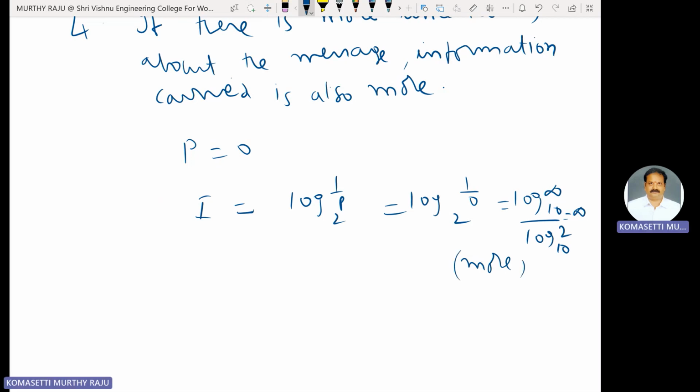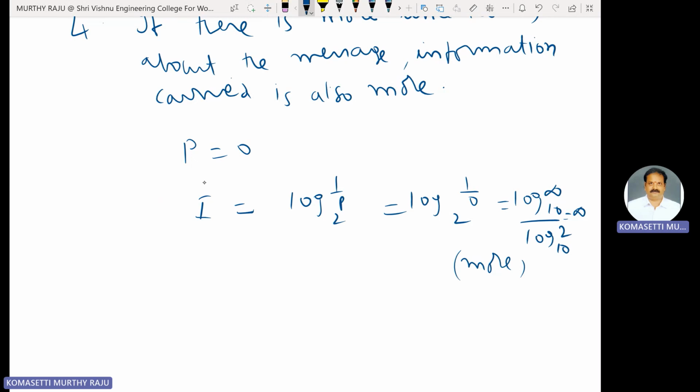Information carried by such messages is more when P is equal to 0. P is equal to 0 means uncertainty events, doubtful events. There is no clarity. Earthquakes, sudden tsunamis, and in the desert some cyclones and thunderstorms like that.